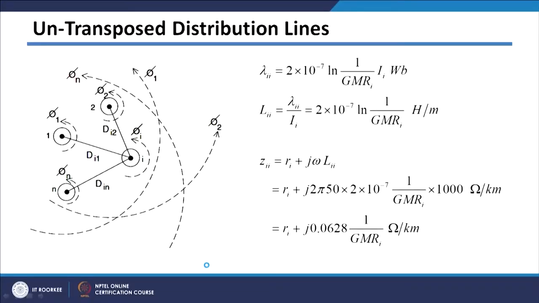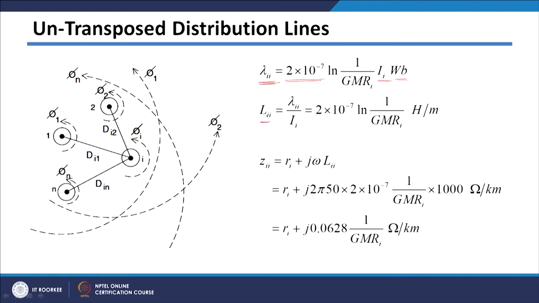Let us see how we can calculate self inductance of the conductor, and that self inductance we can calculate from the self flux linkages. So, flux linkages lambda ii are nothing but flux linkages of conductor i due to its own current Ii, and this is given by 2 into 10 raised to minus 7 natural log of 1 divided by GMR of that particular conductor, which will be in Webers.